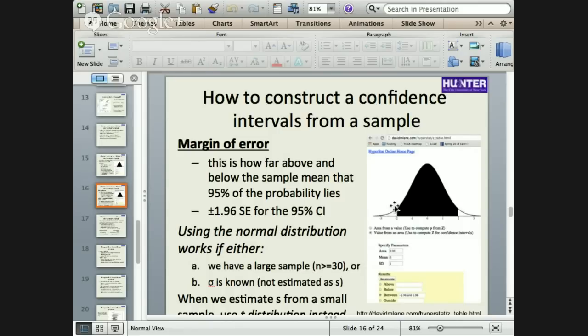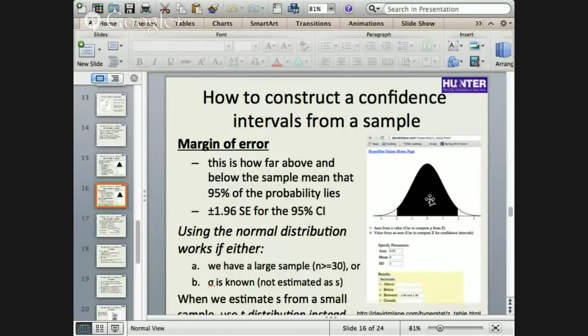So the standard error tells us the shape of this curve, and our confidence level tells us what amount of area we want to be contained in this confidence interval.